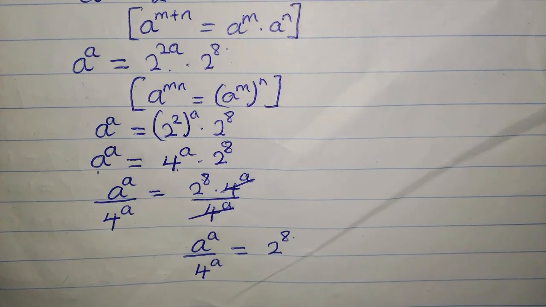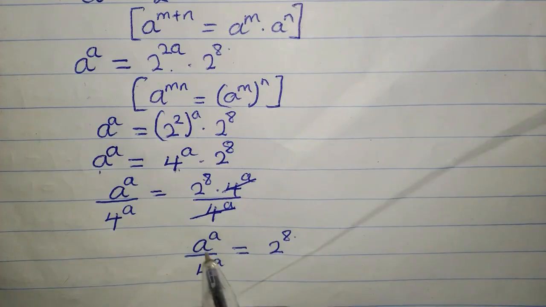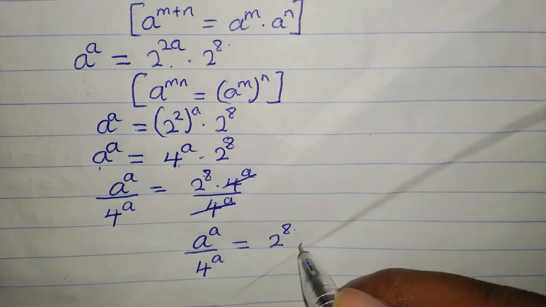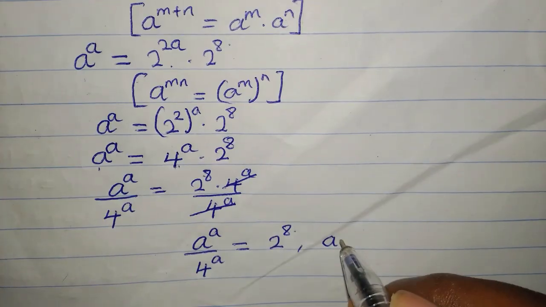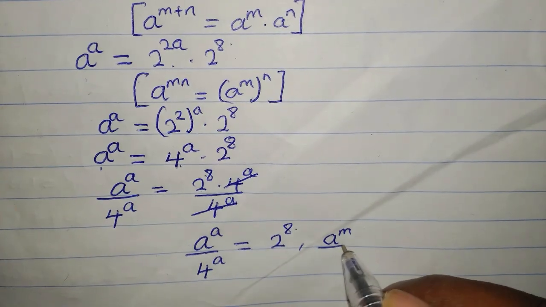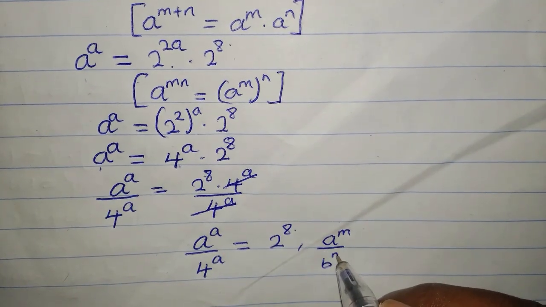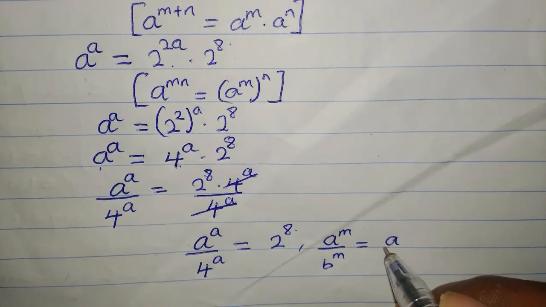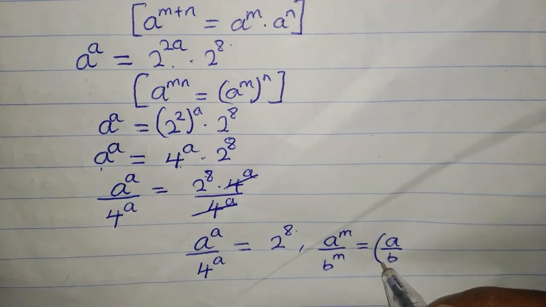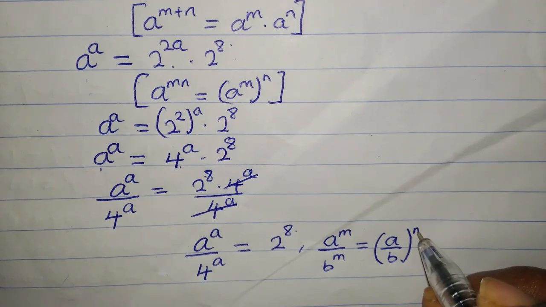From this part, we apply a rule: a to the power of m over b to the power of m is also equal to a over b, all to the power of m.